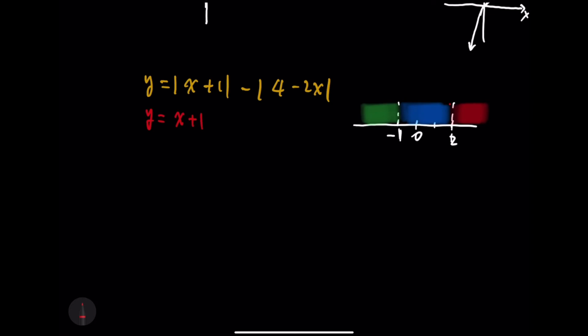And the second one, when x equals 3, will give you 4 minus 6, a negative number. So I'm going to take an extra negative to make it positive for the second absolute value. So that's how you open your absolute value. So in the end, it becomes x plus 1 plus 4 minus 2x. So y equals negative x plus 5. This is when x is bigger than or equal to 2, first piece.